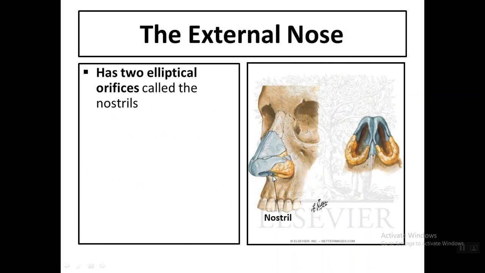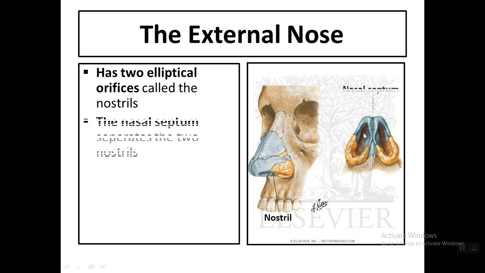The external nose has two elliptical orifices or openings called the nostrils. As we said, the nasal septum separates the two nostrils.